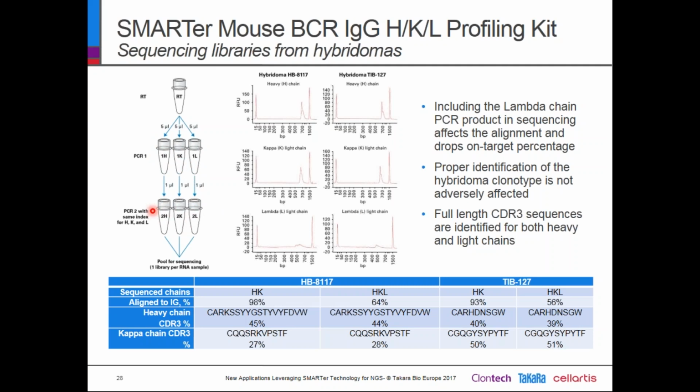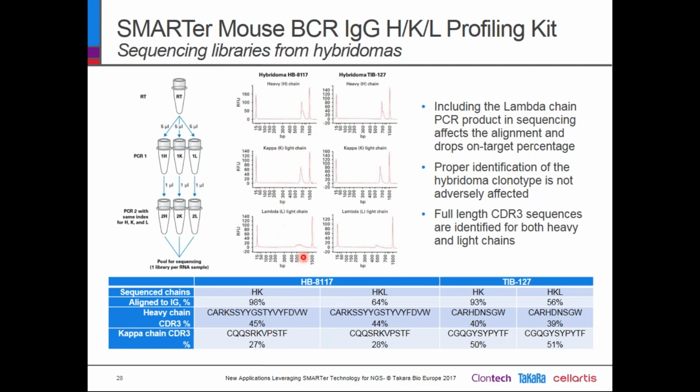Then you can do the PCR2 separately and pool everything for sequencing. This is important because, for example, with this hybridoma, you may choose not to analyze lambda, because you only want to detect the clonotype for kappa, the predominant one. So you can choose to sequence all 3 or only 2.